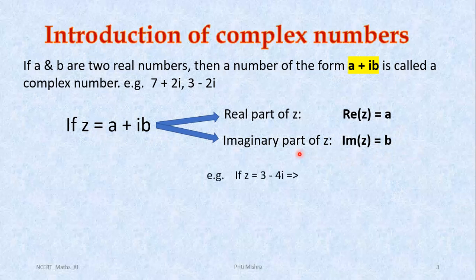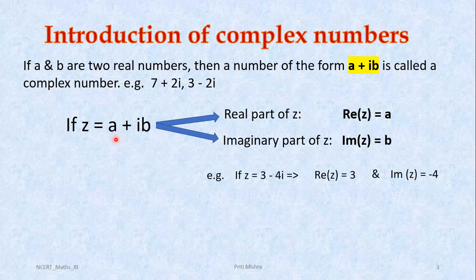Let's have an example to make it more clear. If a complex number z is equal to 3 minus 4i, then 3 is the real part of this complex number, so we write Re(z) is equal to 3, and its imaginary part is minus 4. So Im(z) is minus 4 for this complex number.